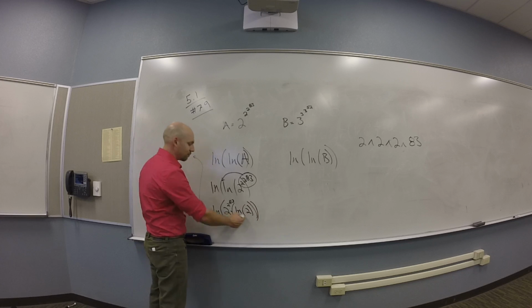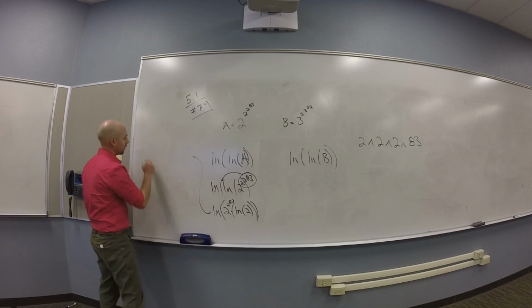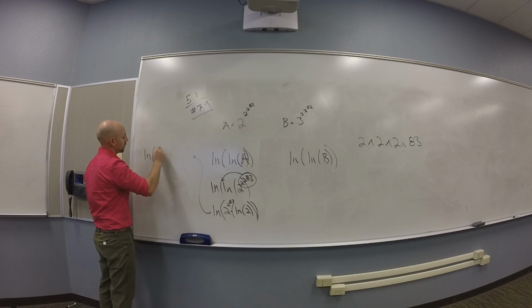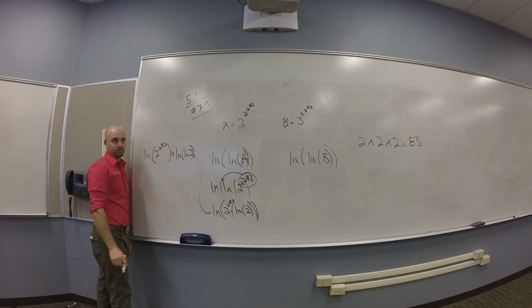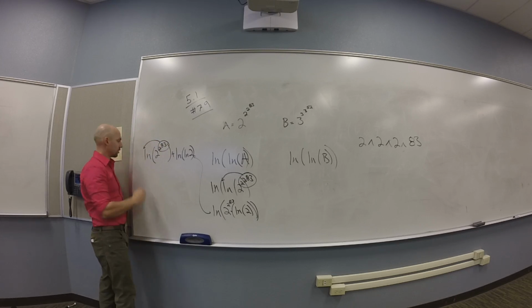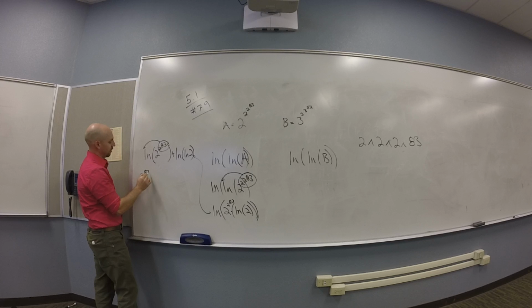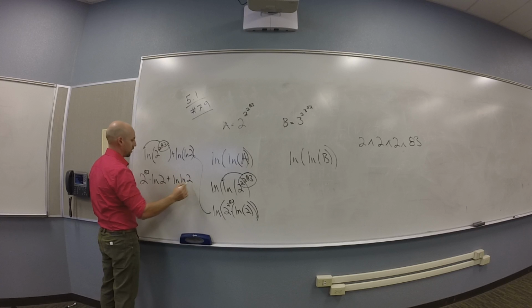You got a rule that does log of multiplication? Yeah, bust them into addition, right? So I got log of 2 to the 2 to the 83rd plus log of 2. All with me on that? Okay, now I can grab this stuff and pull it down front, right? So I got 2 raised to the 83rd times log of 2, plus log of 2.